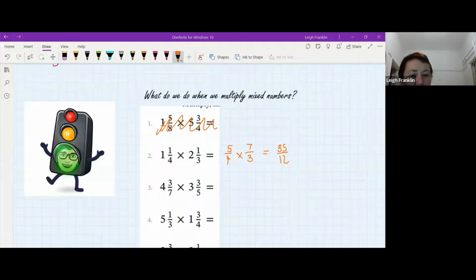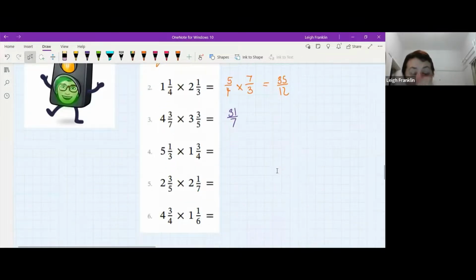Mujalipa, so nice to hear from you. Will you do number 3 for us? Yes, ma'am. Hello, ma'am. So, ma'am, it's going to be 7 times 4 plus 3, and then it's going to be 31 over 7, and then it's going to be 5 times 3 plus 3, which is 18 over 5.